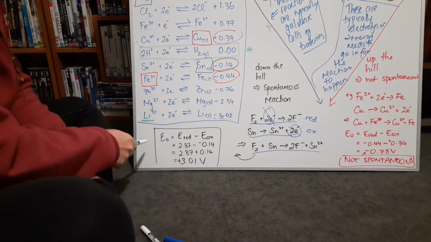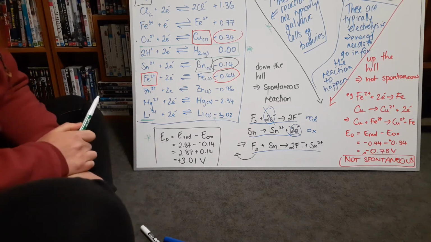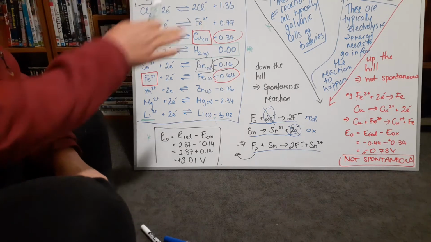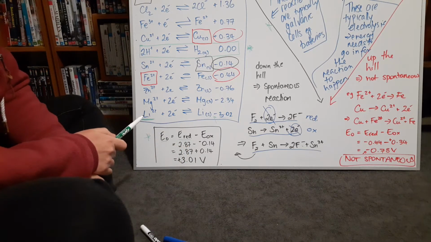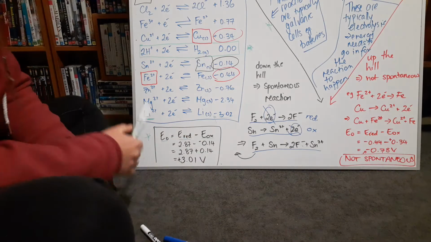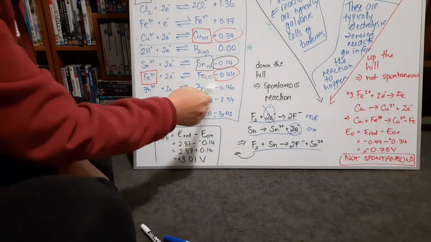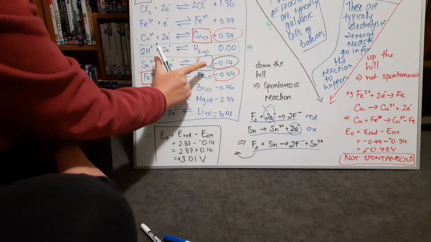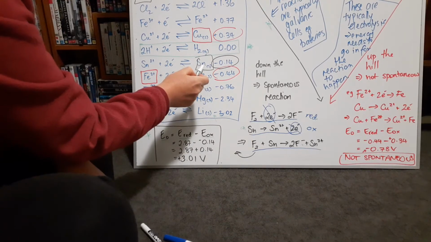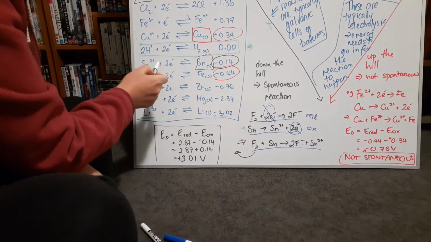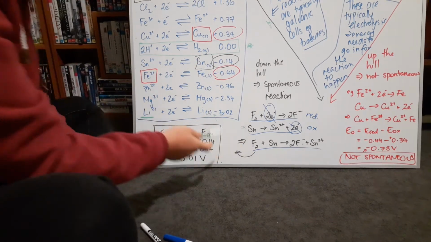And I can look at that by doing a calculation of the electrode potential. So the electrode potential of that particular galvanic cell will be the reduction minus the oxidation. You do not change the signs or the numbers of this, even though you are flipping that particular equation around to make it the oxidation equation, and you have the tin going backwards to be the tin 2 plus ion.